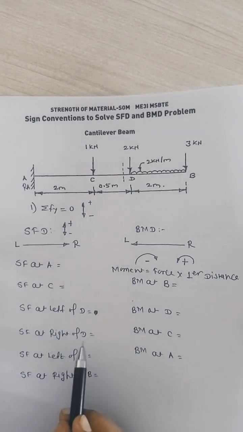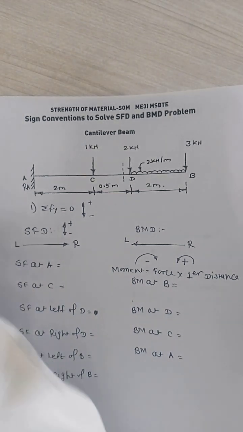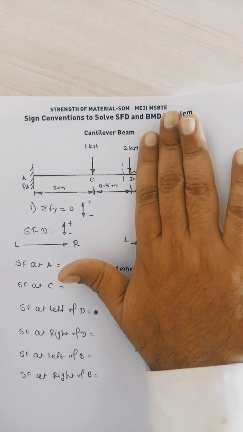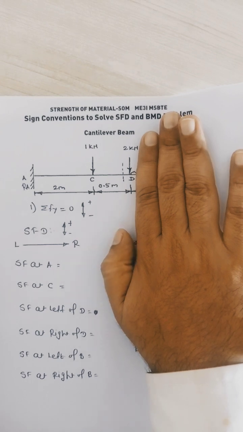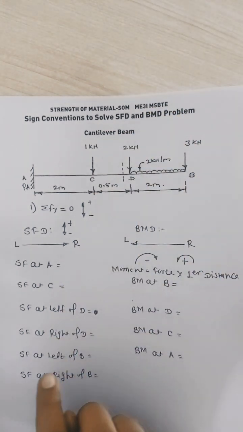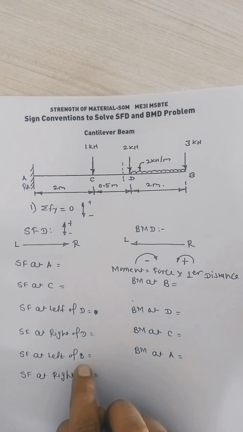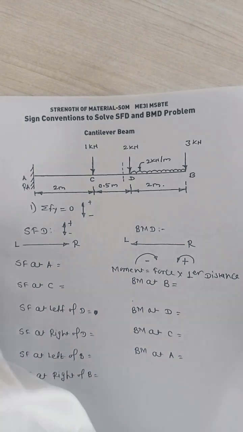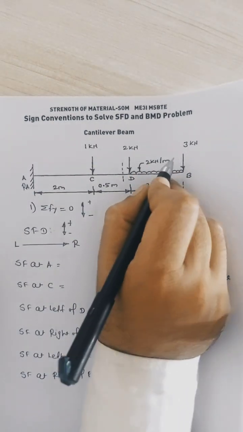Shear force at the right of D, right of D means here. We will consider the forces up to point D. Kindly understand the difference between left and right. Same here, shear force at the left of B. Left of B means here.